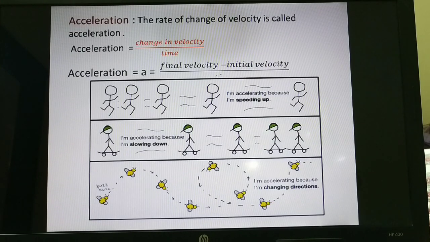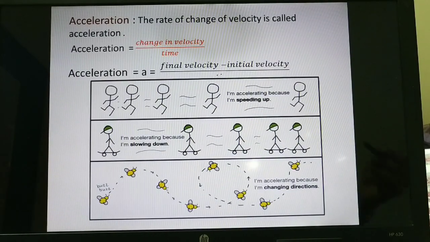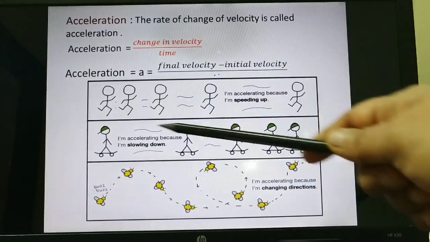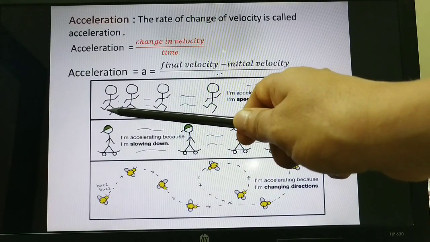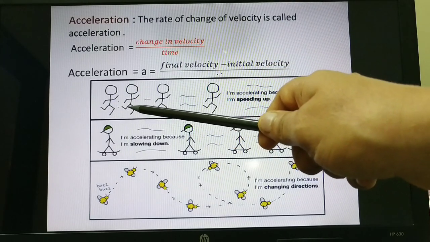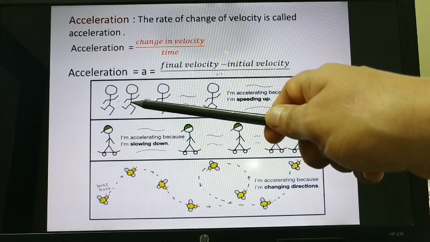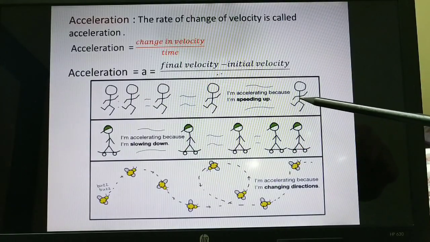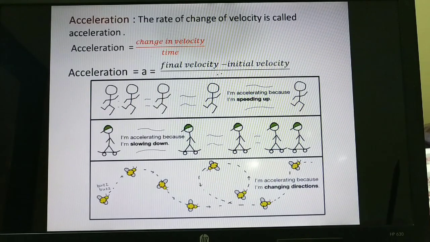Now what is change in velocity? Naturally, your final velocity and initial velocity. Now here I have shown a picture. See here, a boy started to run. His velocity here was zero, he's about to run. Then he starts with slow movement, then faster and faster, and then he picks up speed.